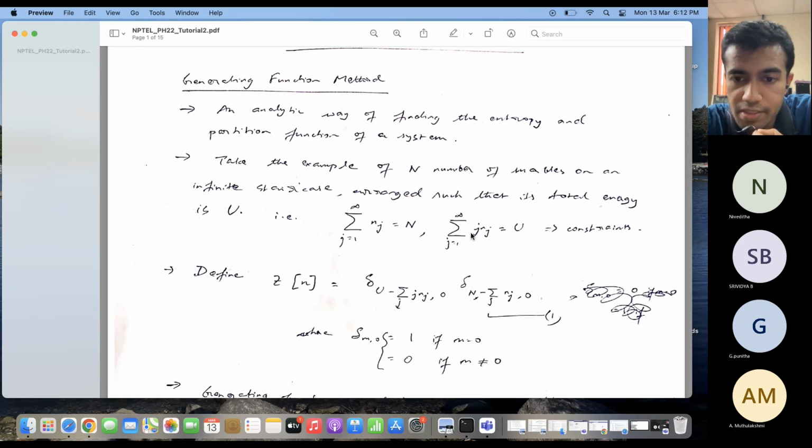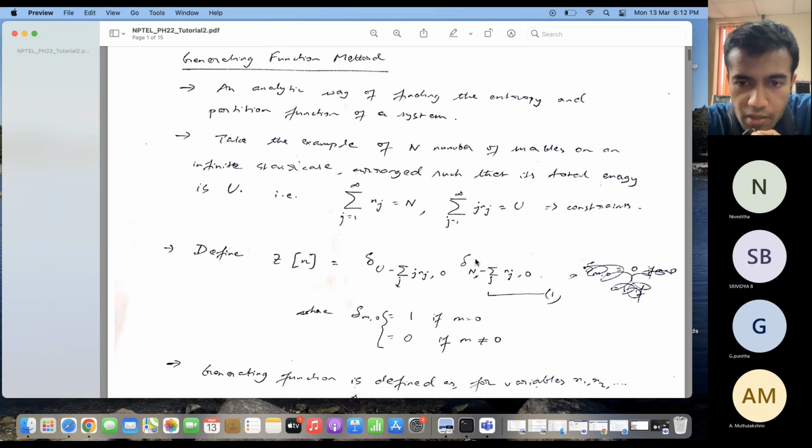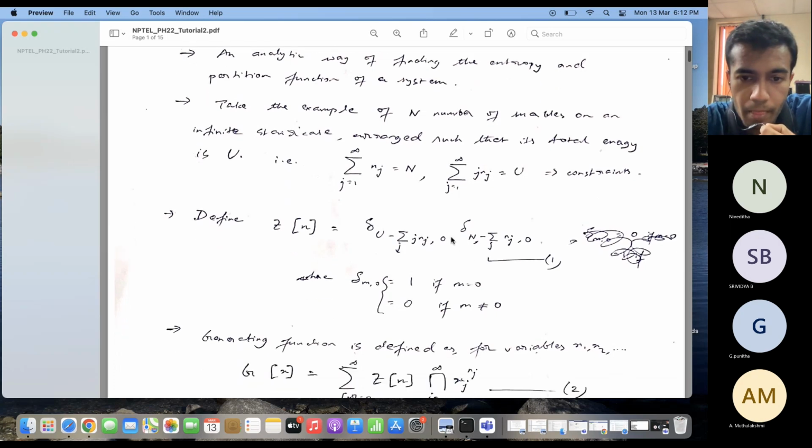If j is the energy associated with the jth step, then the energy associated with that step, if there are nj marbles, is j into nj. And if I sum over all these energies, then I will get the total potential energy. So these are my constraints. If my microstate satisfies these constraints, then it will belong to the particular macrostate which I'm looking for.